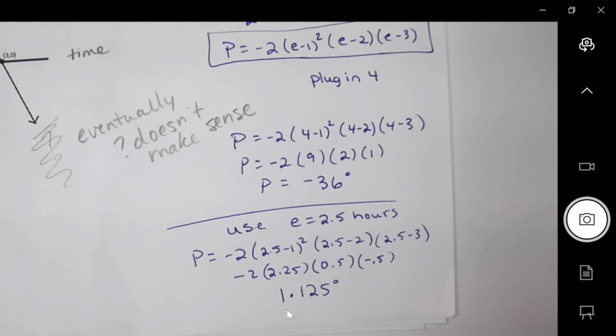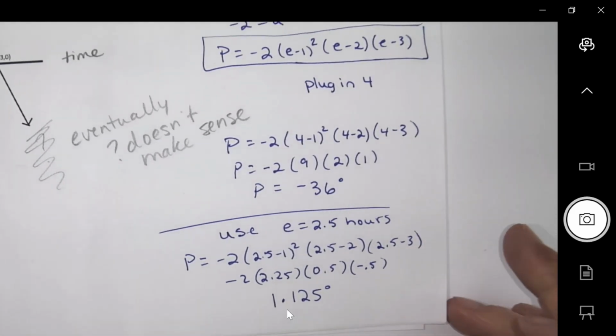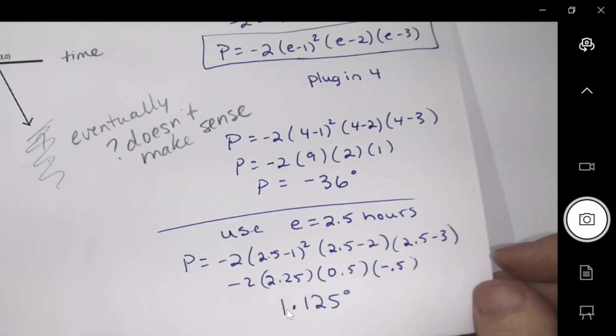If somebody wants to go crazy and get it more exact, you can plug in some other random values if you really want, like a 2.4, a 2.3, a 2.6. But it's an estimate, so that's good.